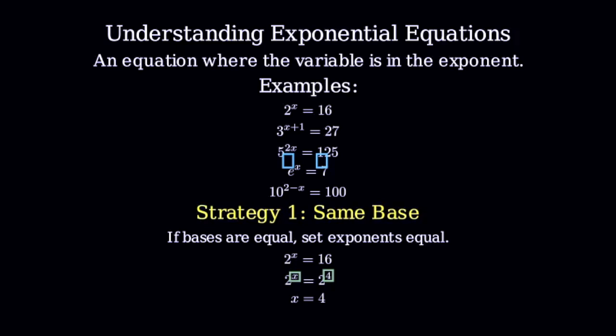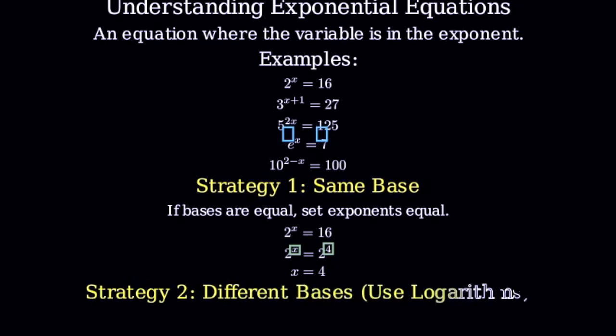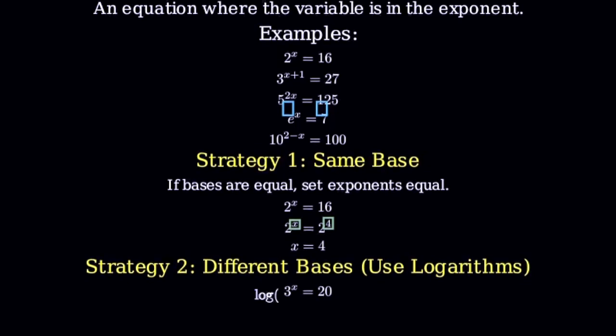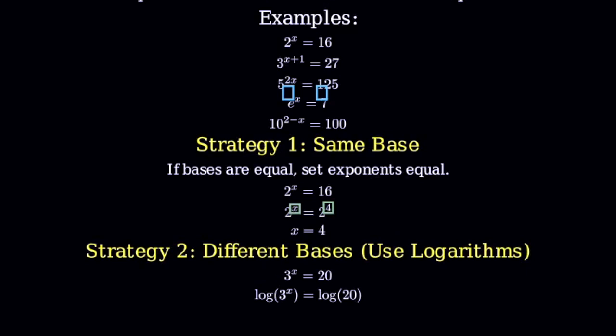What if the bases are different and can't easily be made the same? In this case, we use logarithms. Consider the equation 3 to the x equals 20. We can't easily write 20 as a power of 3. So, we take the logarithm of both sides. You can use any base for the logarithm, but base 10 log or the natural logarithm ln are common.